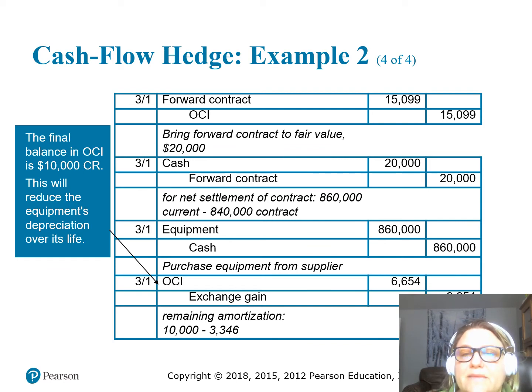First, you're going to debit the forward contract and credit OCI. Then you're going to bring in the cash and the forward contract. The equipment's going to go on, and then you're going to show an exchange gain, and that is the difference between the amortization you figured earlier and the $10,000 for its remaining amortization.